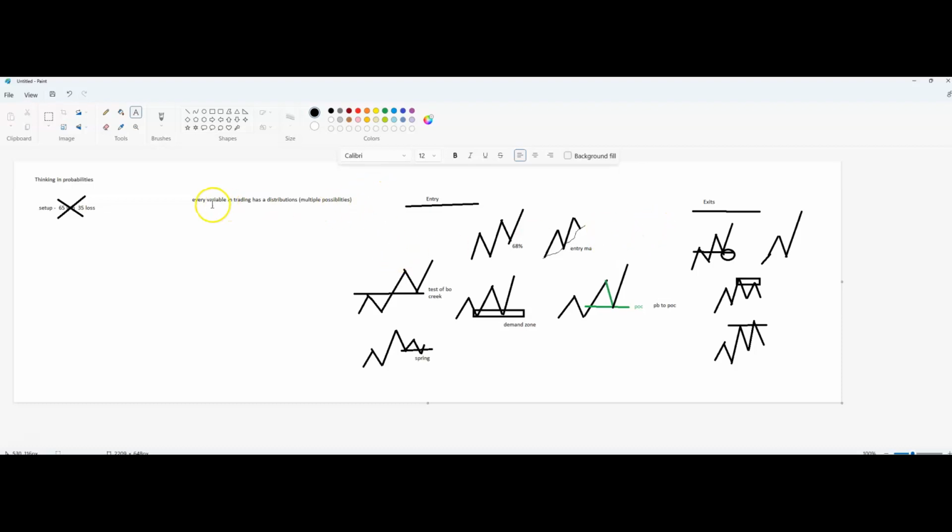All right. So every variable in trading has a distribution. The entries have a distribution among multiple possibilities. So the entry can be this, and the exits can also be multiple.